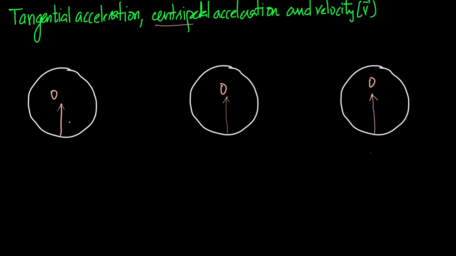Centripetal acceleration is always towards the center, let us say towards the origin. Now, how will the velocity vector be? I'm not going to take two different cases of clockwise and anti-clockwise. What I'm going to do is assume it to be counterclockwise in all cases. So this is the velocity vector.